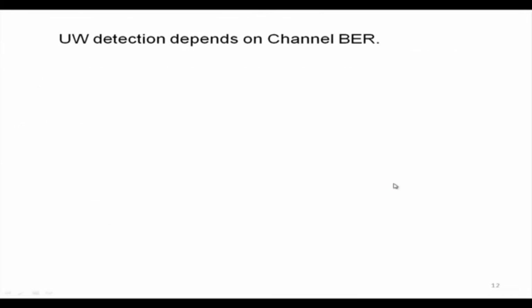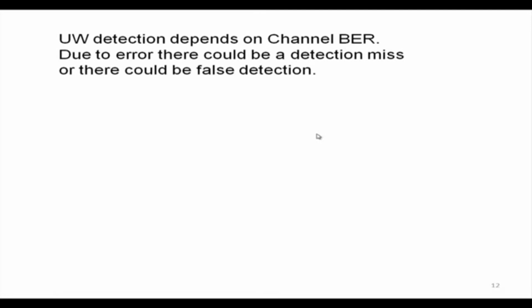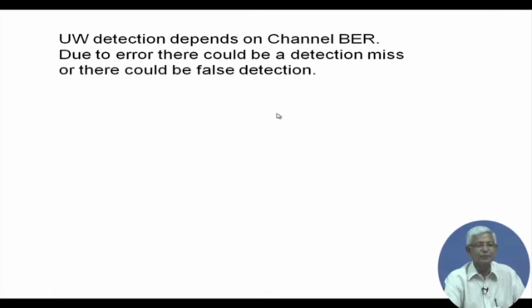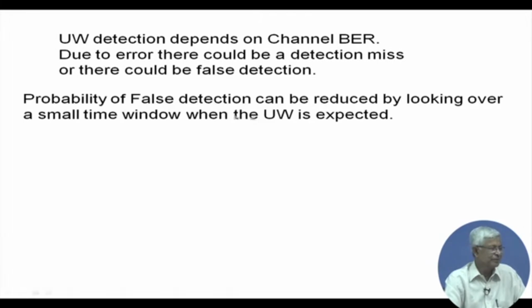This is obvious. The Unicode detection depends on the channel behavior, and due to errors there could be a detection miss or a false detection, which we are repeating. The probability of false detection can be reduced by looking over a small time window when the Unicode is expected.